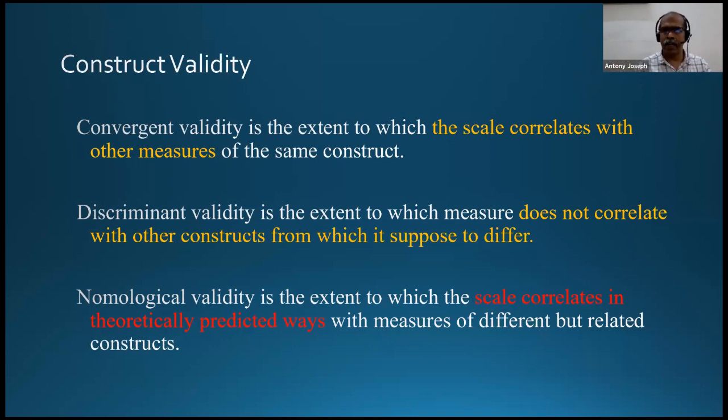Always remember, if you are using different scales for the measurement of a particular phenomenon, all the scales used for the measurement of that particular phenomenon should be positively correlated. That means they should move almost in the same direction. Then only we can say that the instrument has convergent validity. That is, all these together should converge into a single phenomenon.